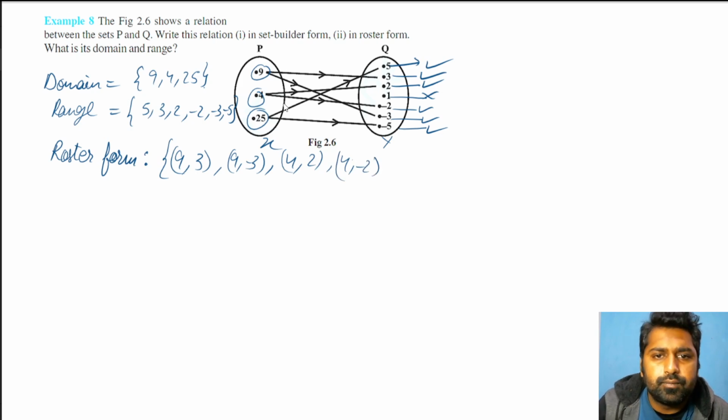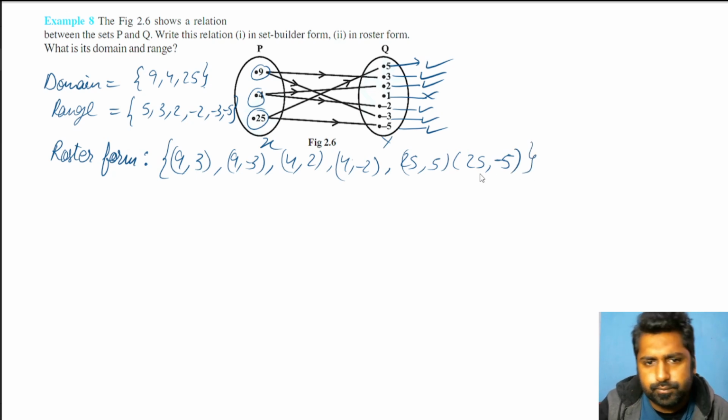Similarly, 25 is being related with 5 and -5. So 25 comma 5, 25 comma -5. So in that manner, writing the ordered pair, writing the roster form, is very simple. Just look at the element and it is being connected, separated by a comma.